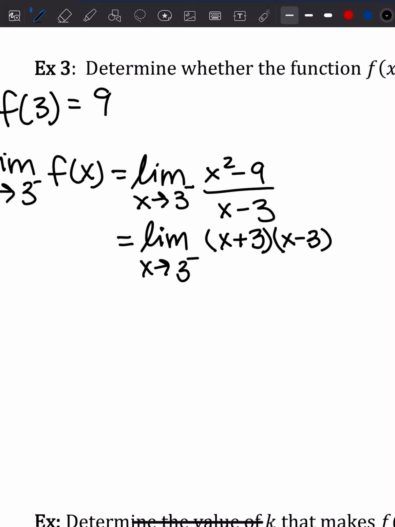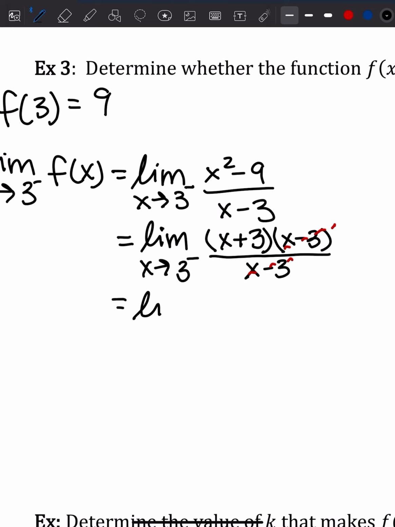If I were to try to factor this using any of the other methods, we're going to get the same factors, it just might take a little bit longer. So knowing some of these shortcuts is what gives us that extra time when we need it. So x squared minus 9 is x plus 3 times x minus 3. We have an x minus 3 in the denominator, which is really good for us because we can go ahead and cancel them out.